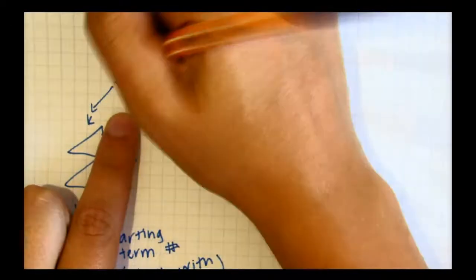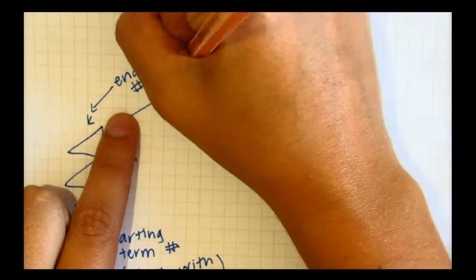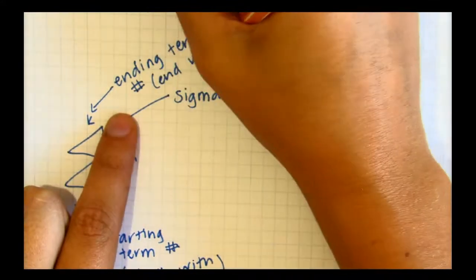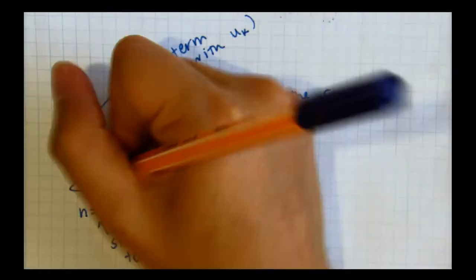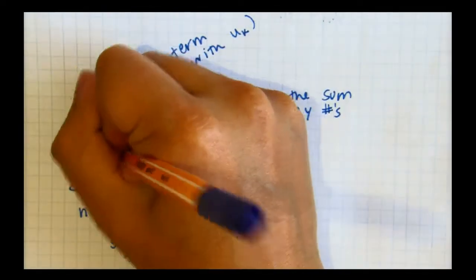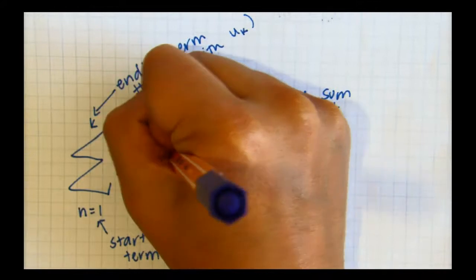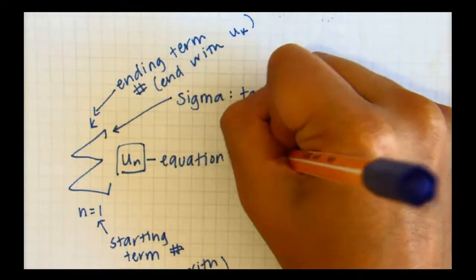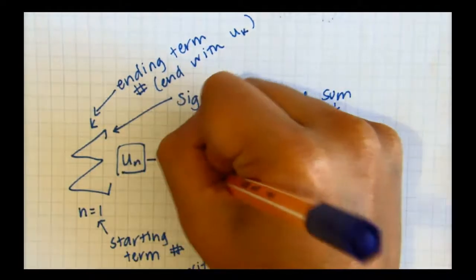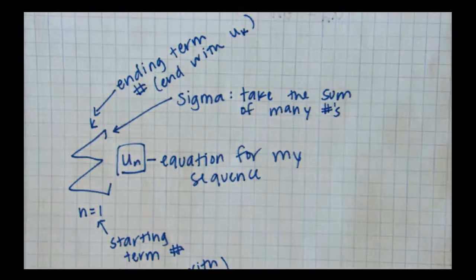So this tells me to end with u sub k. And then lastly, u sub n is just the equation for my sequence.